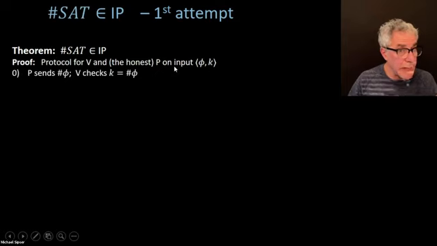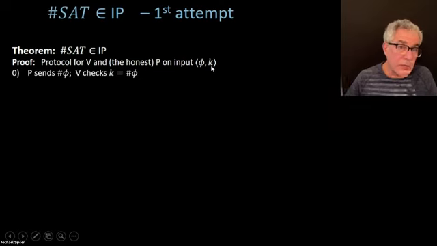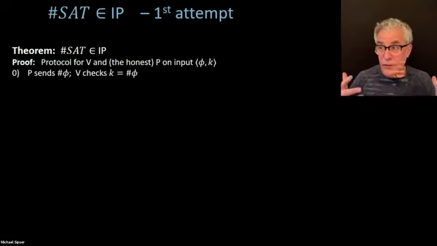And we'll have to understand what happens if the prover tries to cheat. So the honest prover is going to send the number of satisfying assignments altogether, and the verifier just makes sure that that matches up with the input. If it doesn't match up with the input, the verifier is not going to be convinced that the input is in the language. So it's just going to reject at that point.